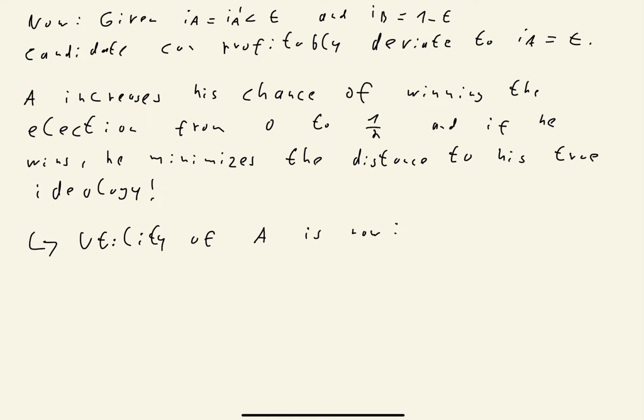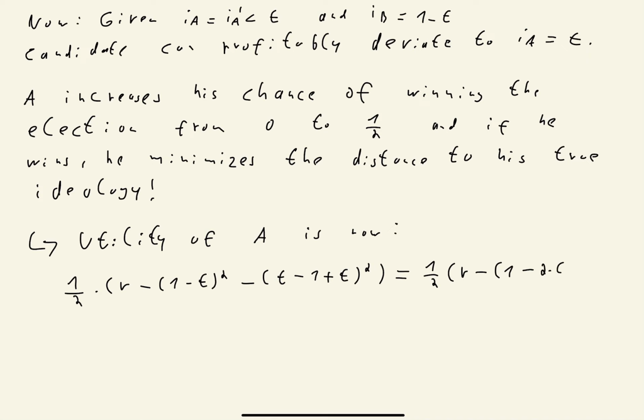Therefore the utility of A is given by 1/2 times (R minus (1 minus t) to the power of 2) minus, now this is the utility if it loses, (t minus 1 plus t) to the power of 2, and this is equal to 1/2 times R minus (1 minus 2t) to the power of 2.